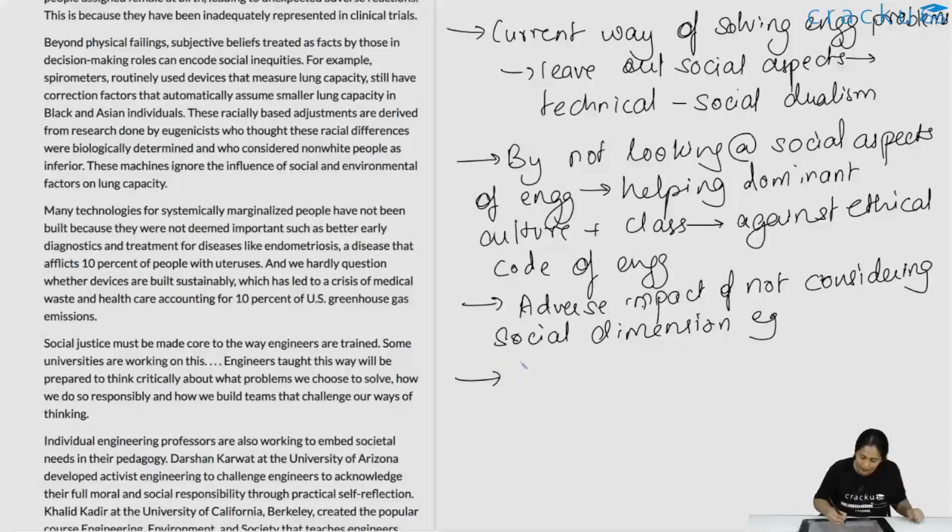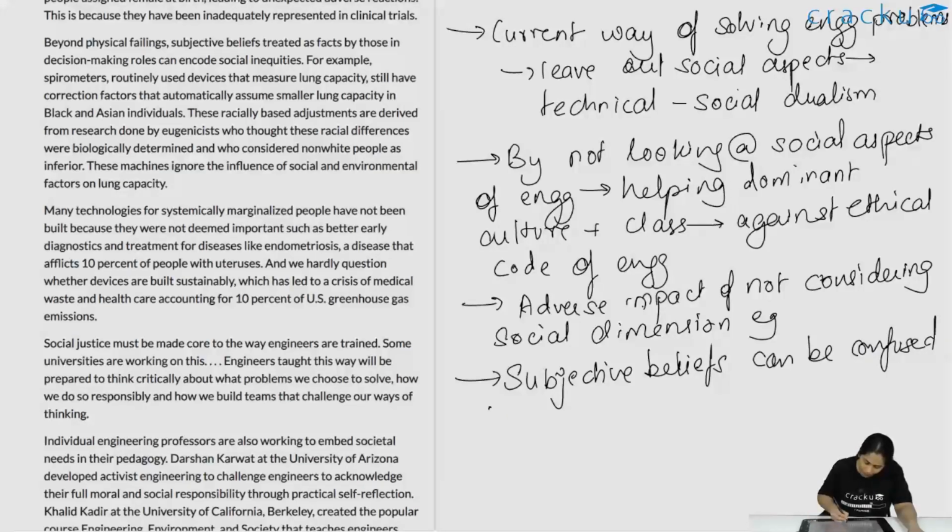So beyond just the physical failings, relying only on engineering and ignoring social factors makes you consider subjective beliefs as facts. Subjective beliefs can be confused with facts. And an example of this is given.